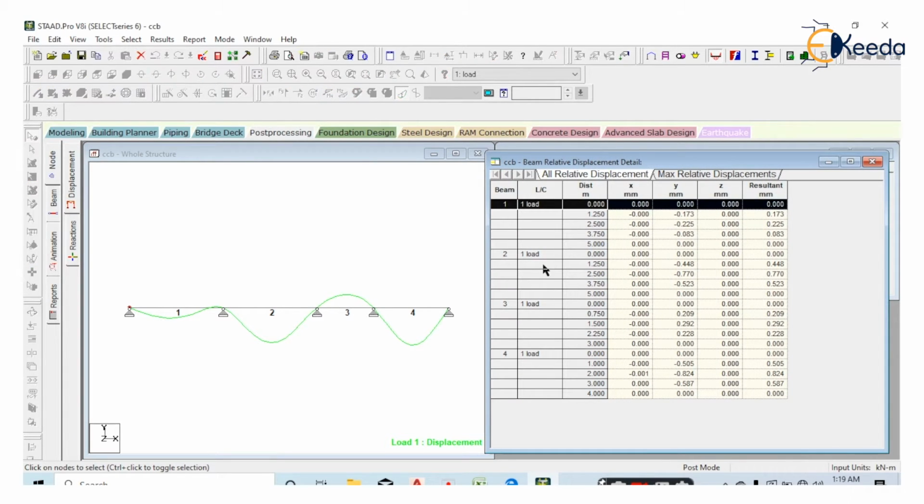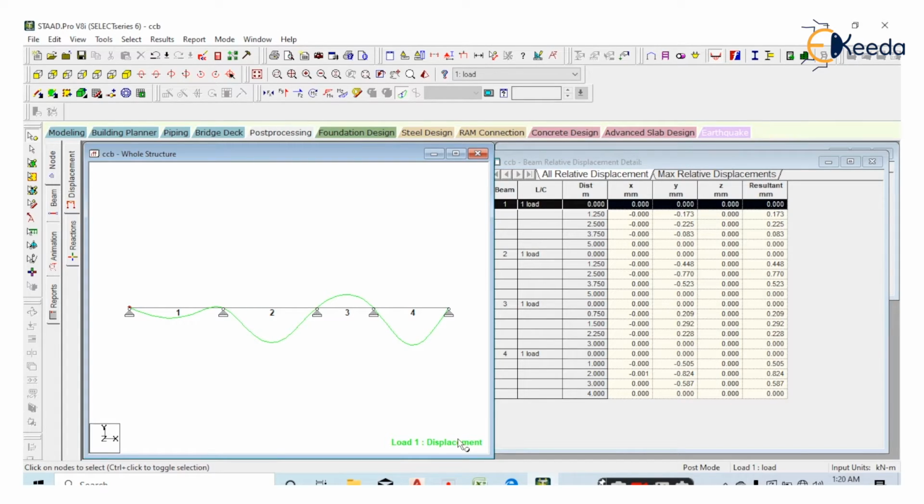In second beam also, beam number 2, this one, load case 1, 0 means the start point of the beam. There is no deflection at the 1.25 meter length, which means somehow here, this location, there is a deflection of 0.448 mm.